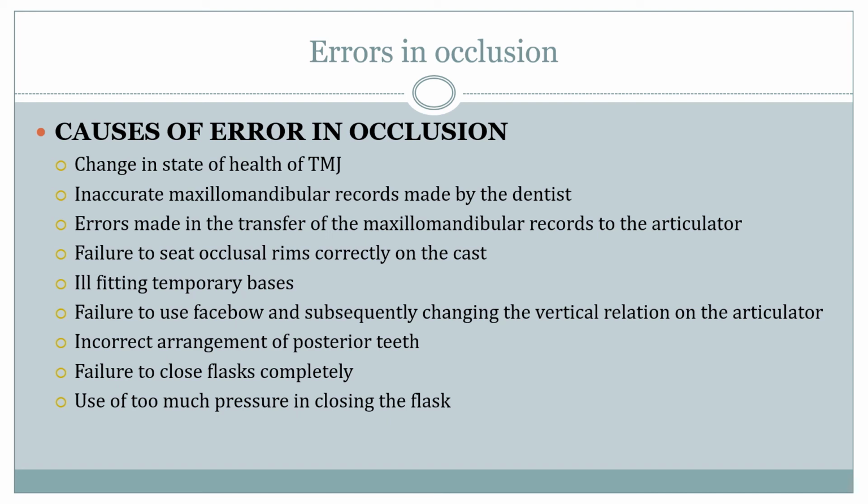If you have not closed your flask properly, or if the teeth have been displaced in the flasking, so you have closed the flask tightly but used excessive pressure, the teeth in the mold might also get displaced, so that can also lead to errors.